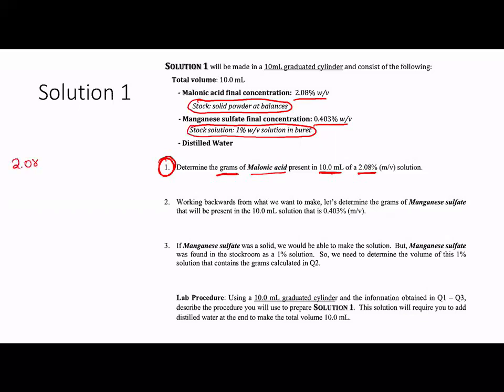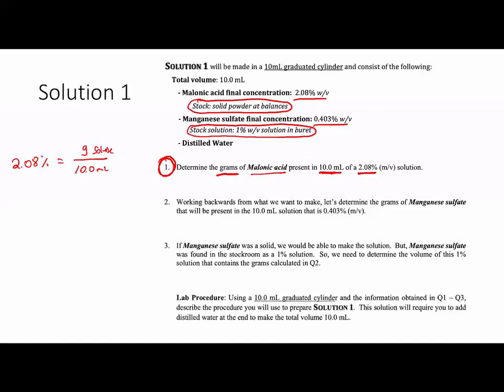Just as I mentioned earlier, you can use the setup that I talked about, where we have percentage on the left, we have milliliters on the bottom, and grams of solute here. That's going to be the grams of malonic acid.